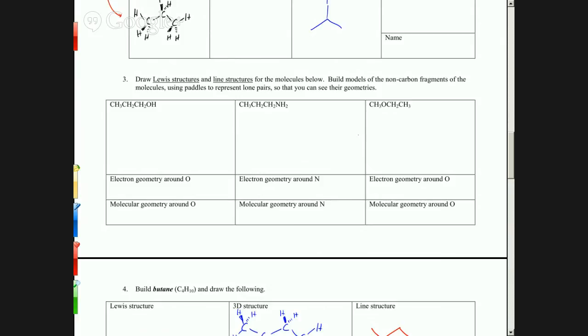But the point is eventually to get that line structure. So let's try that. See if you can draw a similar type line structure for each of these, remembering that we don't cut out the other elements. The nitrogens and oxygens we have to show, just like we did with fluorine.